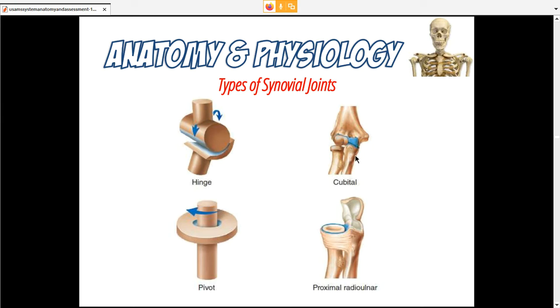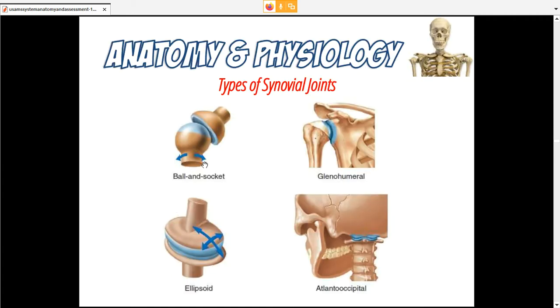We cannot move beyond extension, just as you close the door and open the door. The next one is the pivot joint. In a pivot joint, on one bony surface another bone is rotating. An example is the proximal radio ulnar joint, also called the superior radio ulnar joint. The radius rotates on the surface of the ulna. That is a pivot joint.